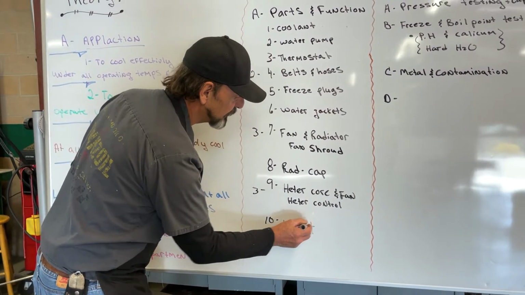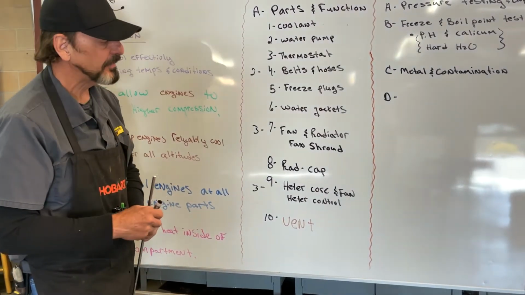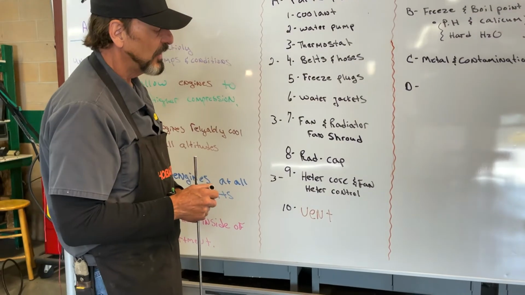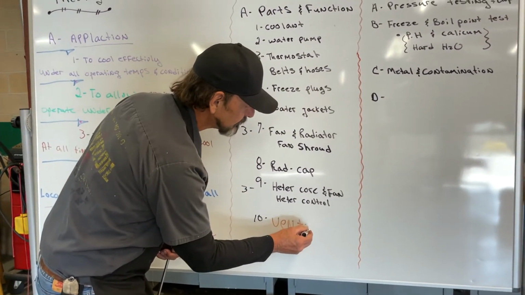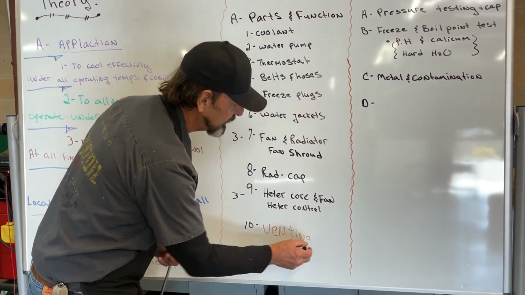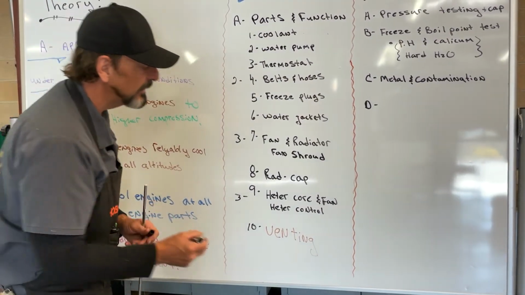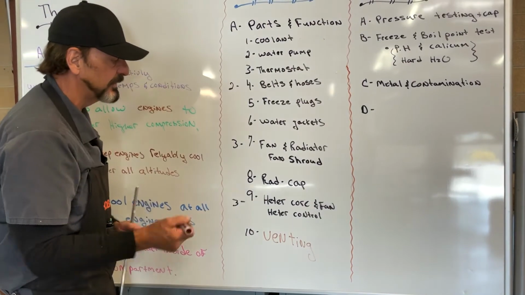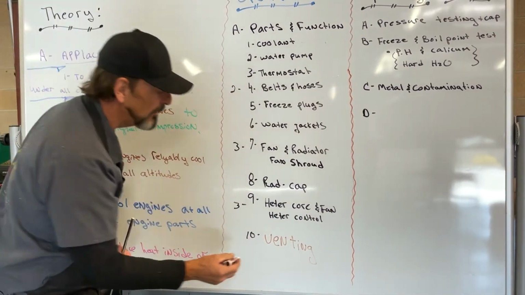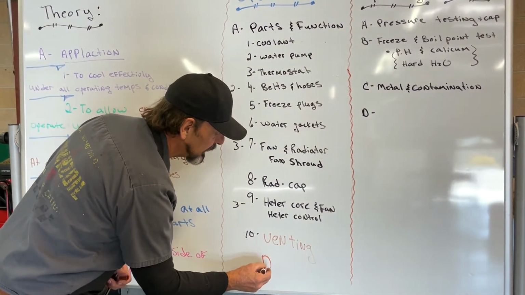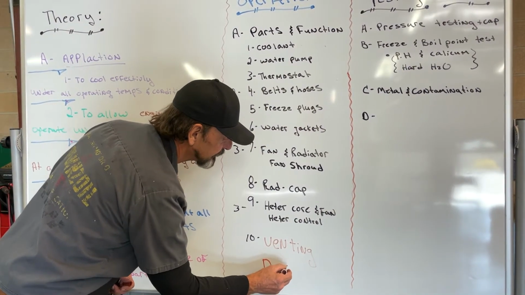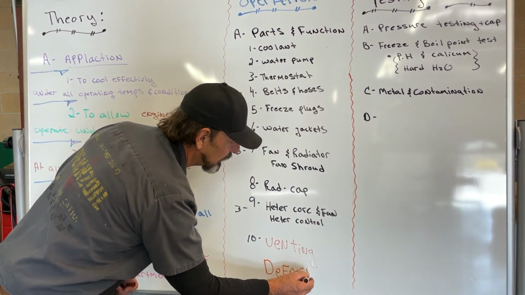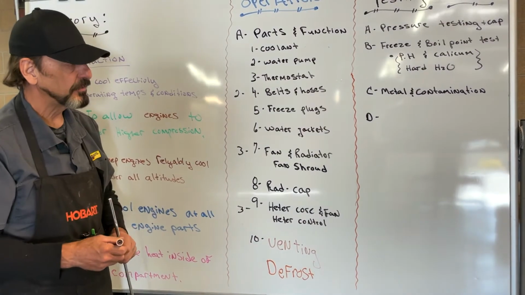Ventilation, in other words, directing the heat in and about the passenger compartment. So we put venting or ventilation for the passenger compartment, but the main purpose is not just to heat the compartment, but to defrost your windshield as a safety feature.